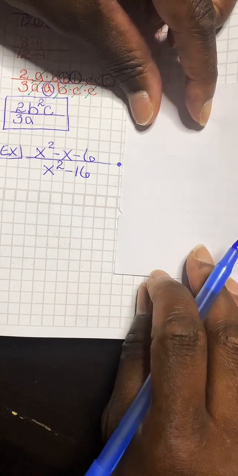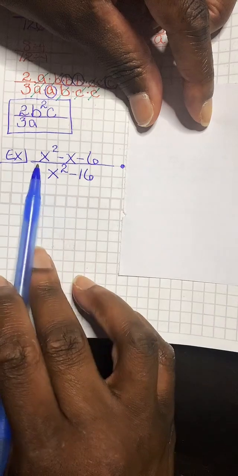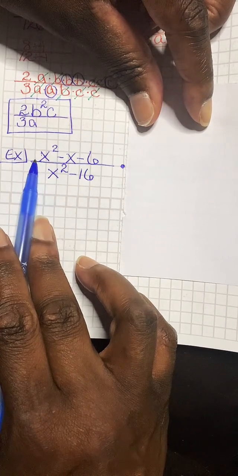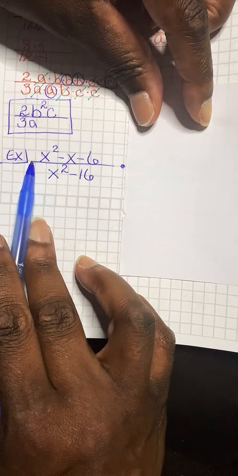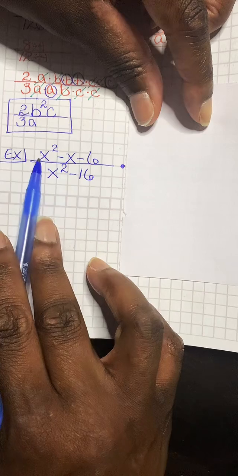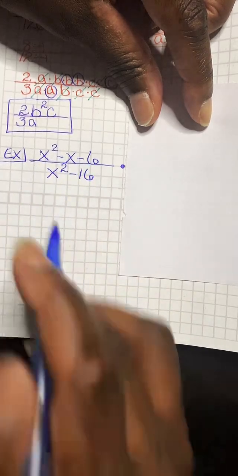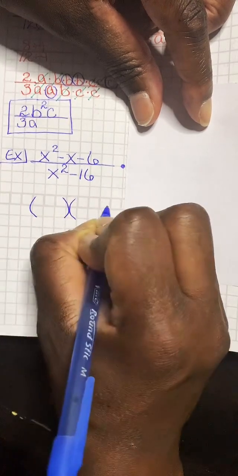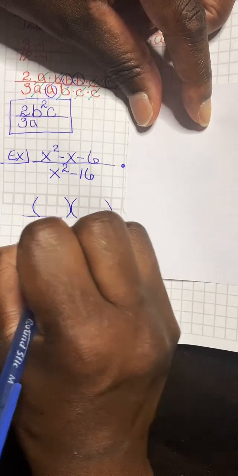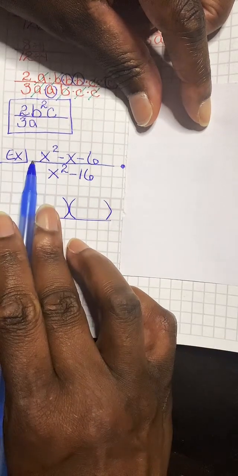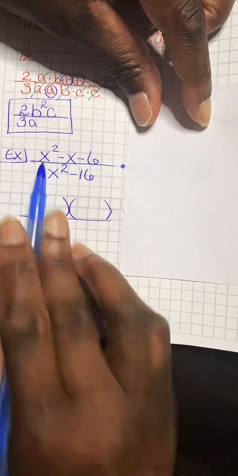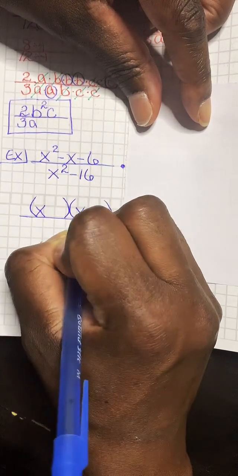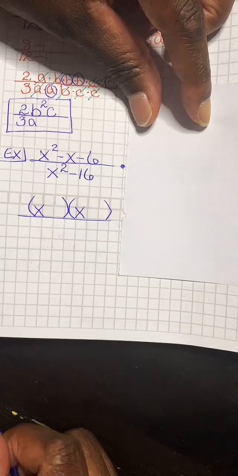So let's take a look at this. I'm going to look at the numerator. My leading coefficient is 1. My highest degree is 2, so that means I need 2 products, 2 parentheses. This is just for the numerator. When my leading coefficient is 1, I can split my x's, so there's going to be 1x in one parenthesis and 1x in the other.